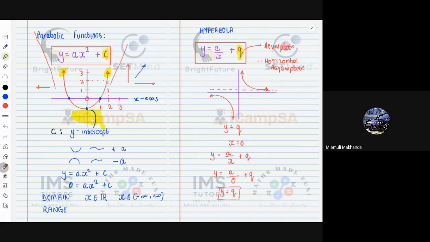So you can already tell that our range is no longer going to be infinity, but it's going to be some definite value, and then going into positive infinity in this case.